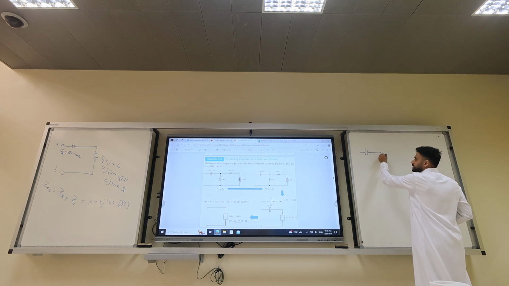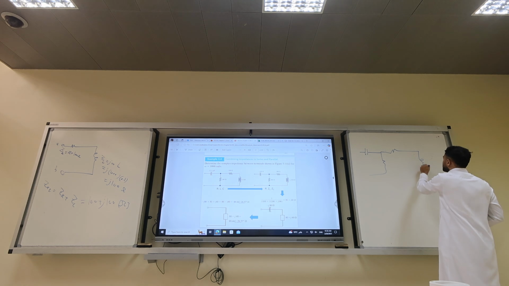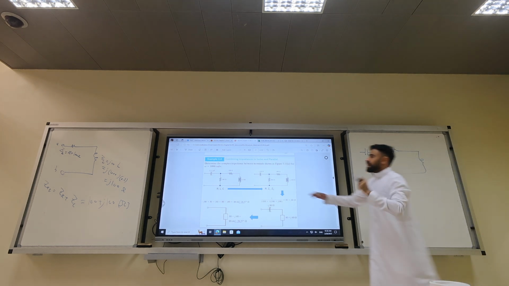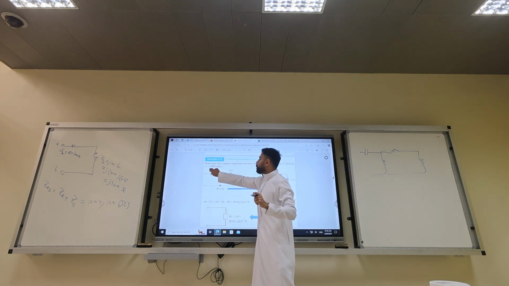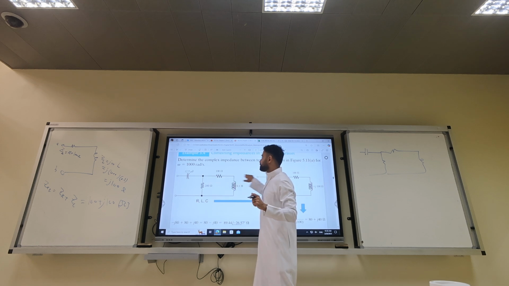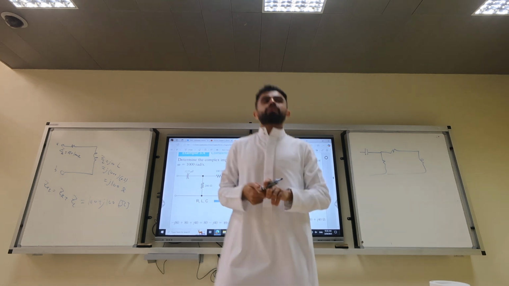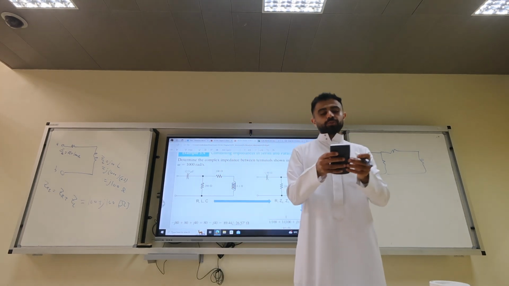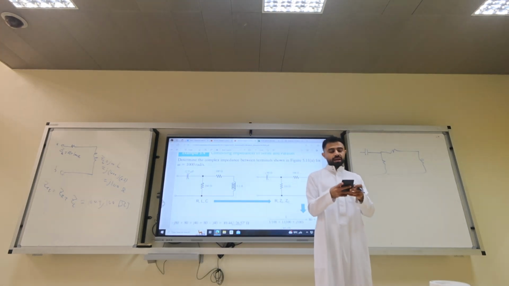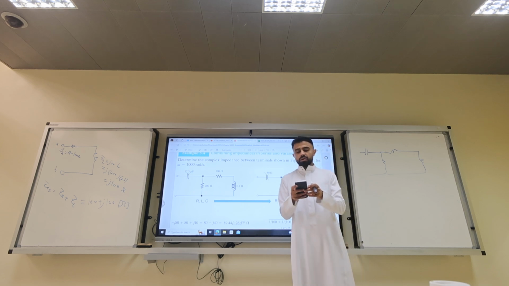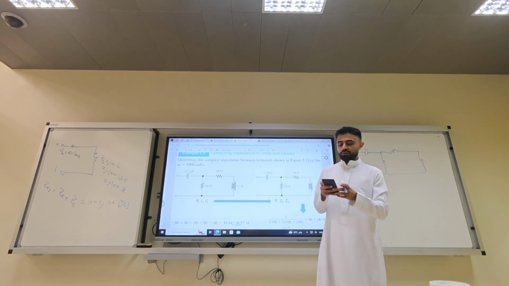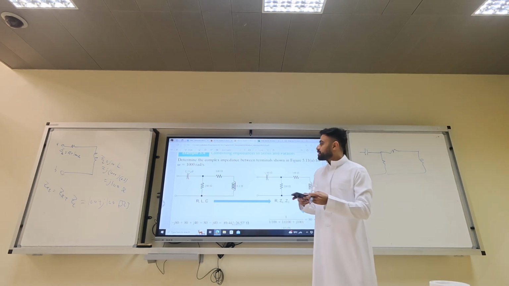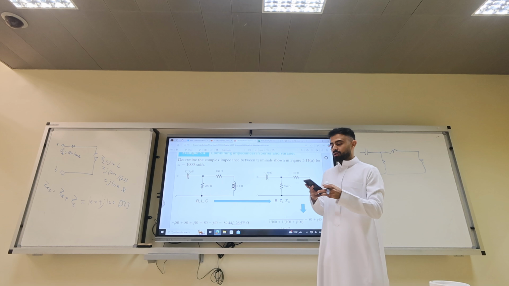We have a capacitor and a resistor, a resistor and an inductor. So the capacitance is 12.5 microfarad. How to calculate it? It's 1 over j omega C. So you have to put 1 over j times, put it in complex, don't forget, 1 over j times 1000 times 12.5 micro.